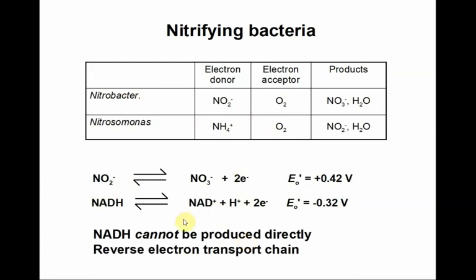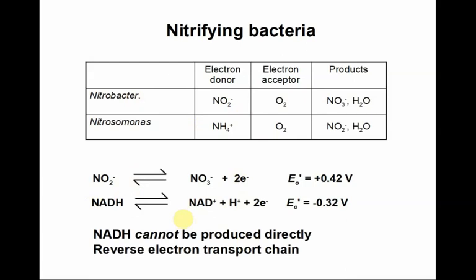How can that work? If you remember when we talked about the proton motive force and the Nernst equation, you can build up quite a big potential difference if you've got a high gradient. So that means the proton motive force can be enough to push this reaction in the other direction. Okay, so that's reverse electron transport.